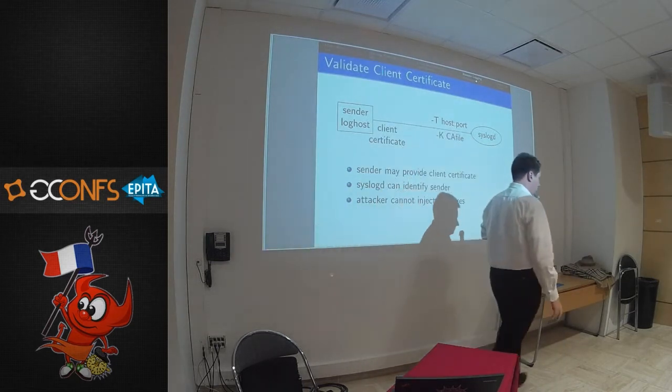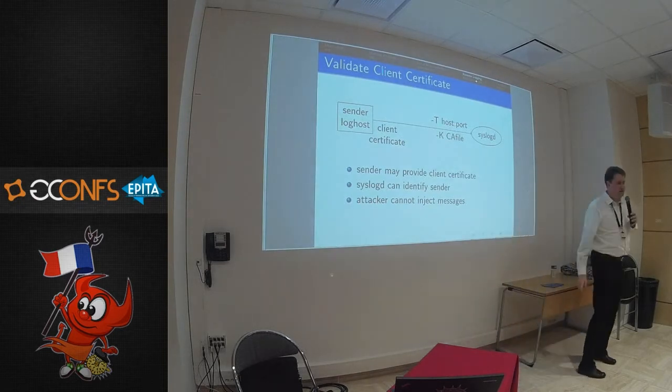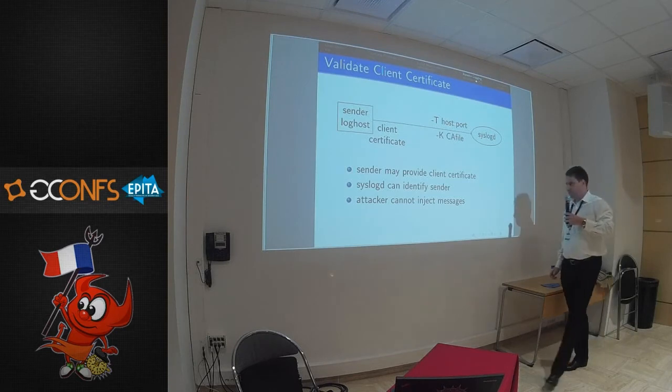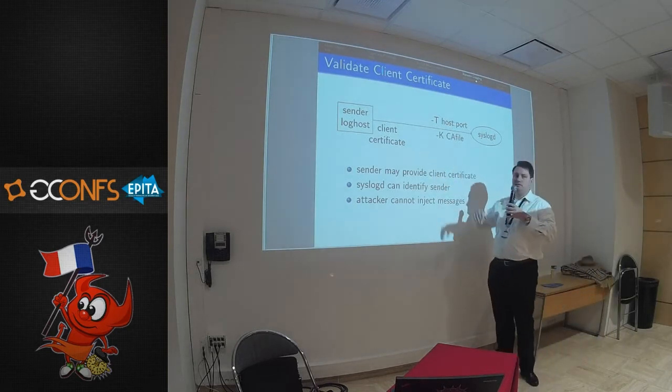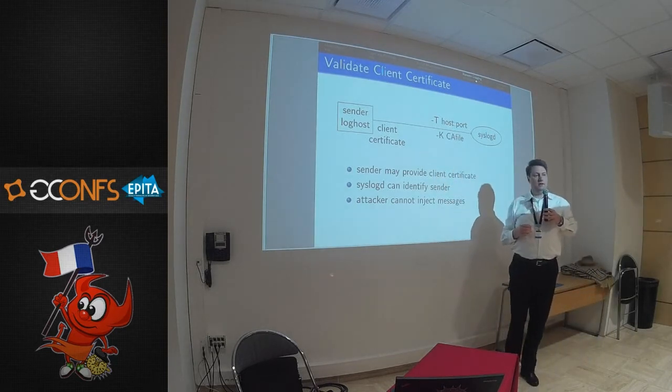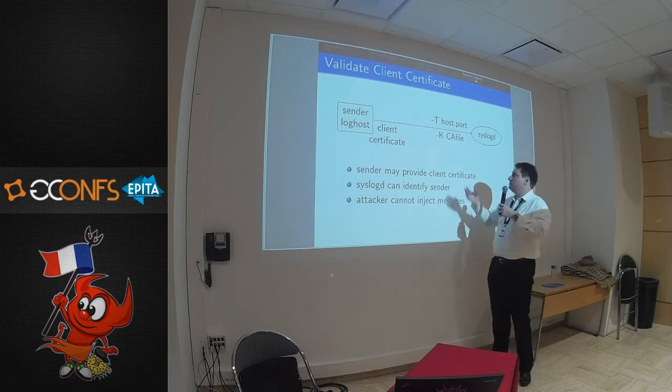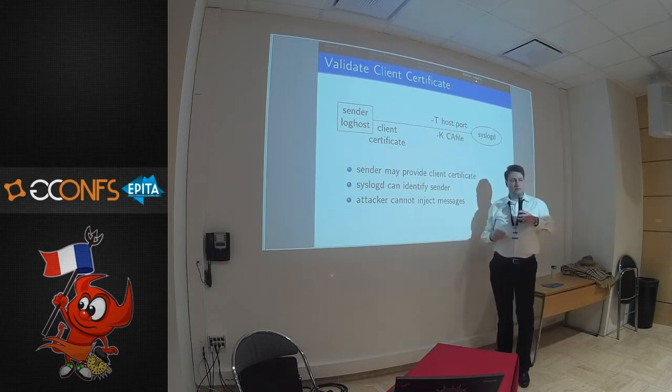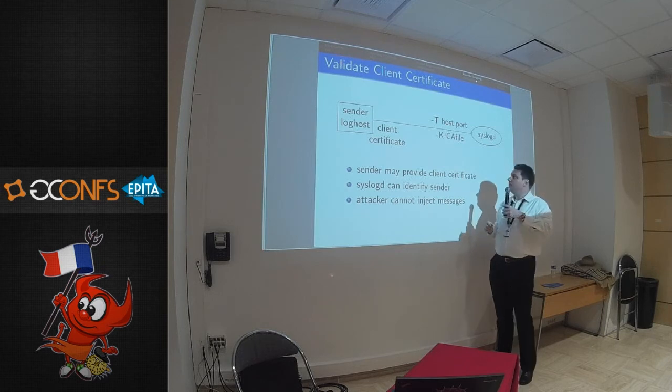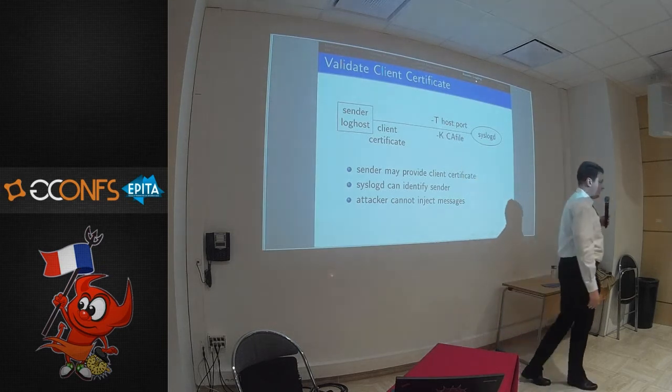So another funny thing about TLS is you can have client certificates. So then the client provides a certificate, and we want to figure out whether it's the correct one. First, we have to enable it. Enable using TLS at all, and we specify a certificate authority file.